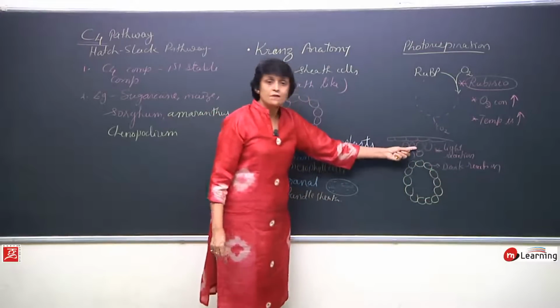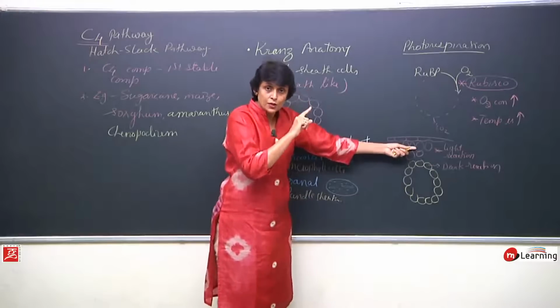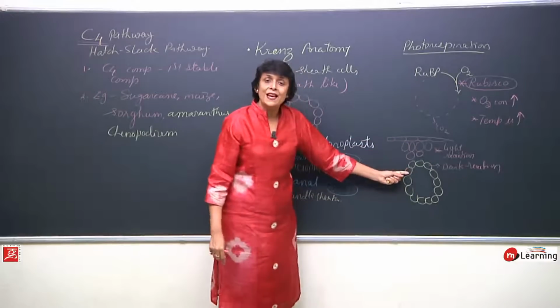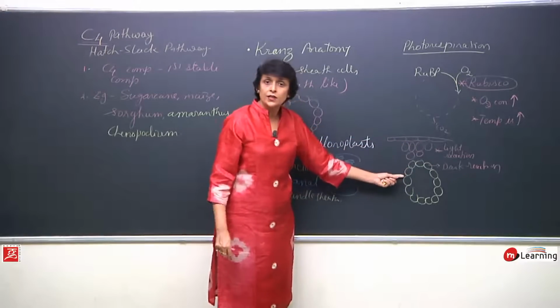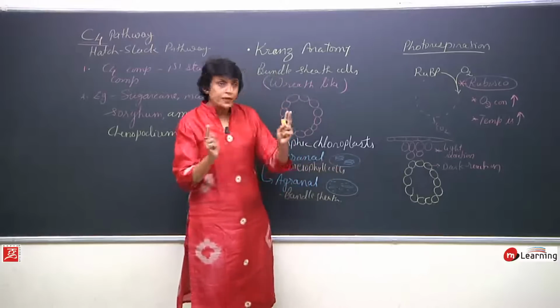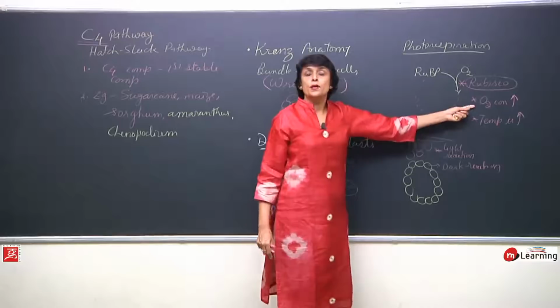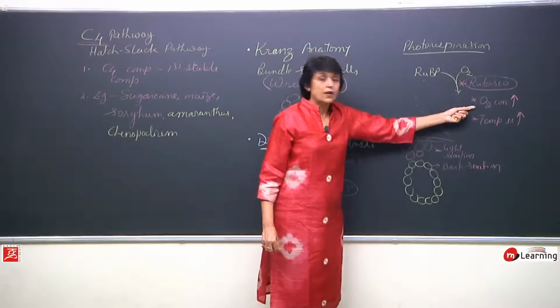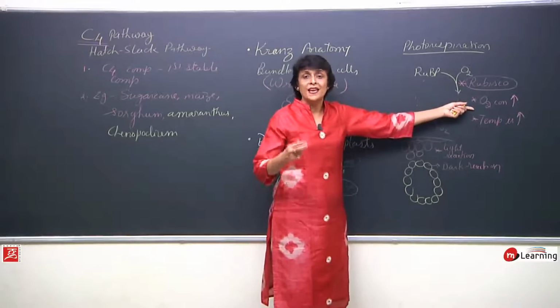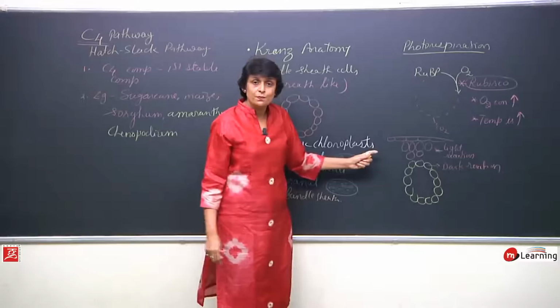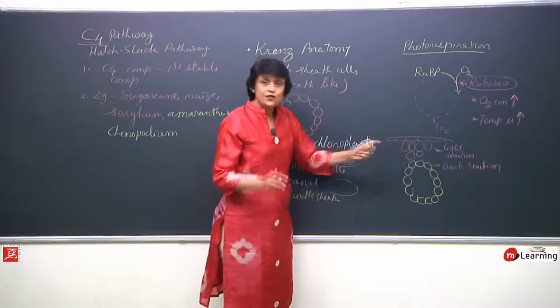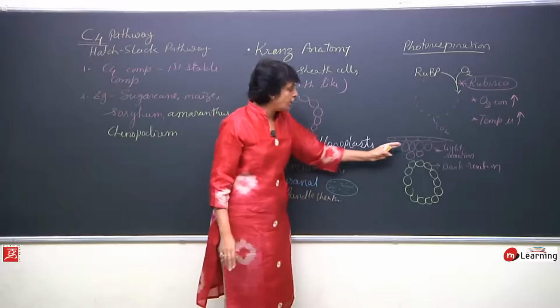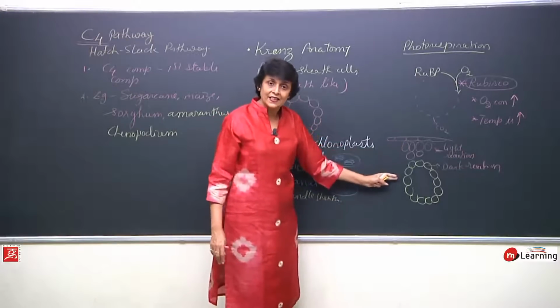That means oxygen will be released in the mesophyll and rubisco will act in the bundle sheath. So we have avoided a situation where the oxygen concentration will be higher. So what have these plants done? They have changed the sites of light reaction and dark reaction.